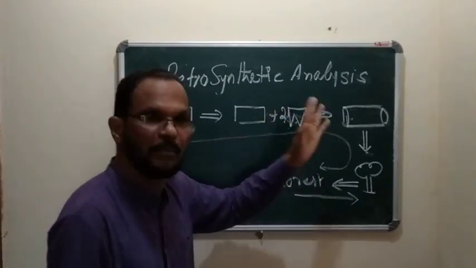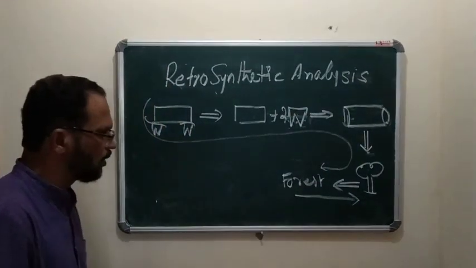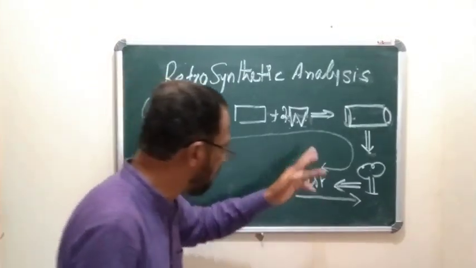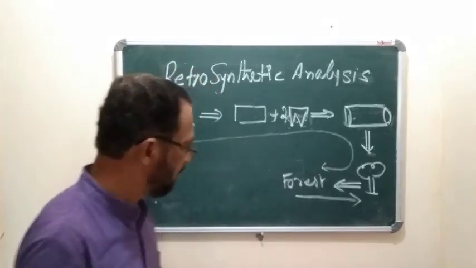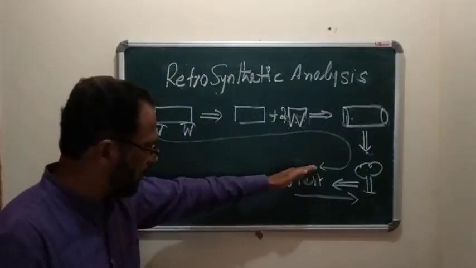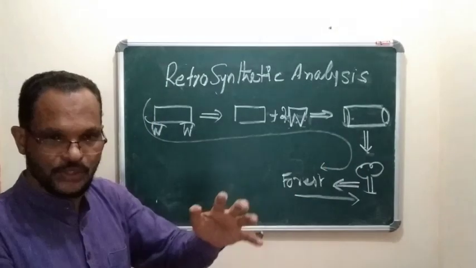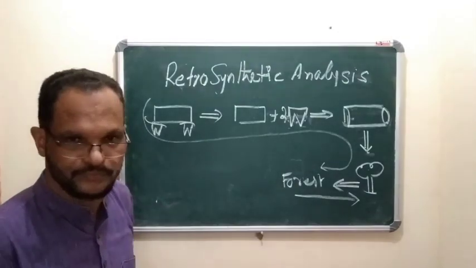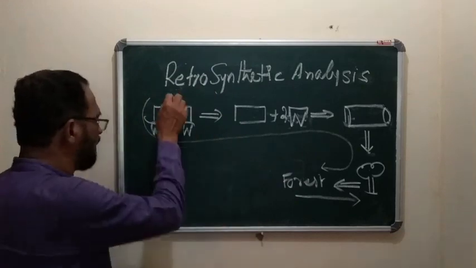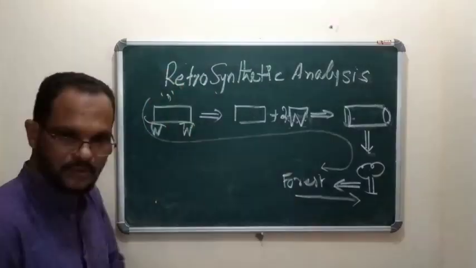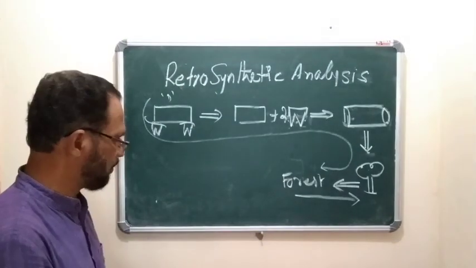Now, what is the relevance of this type of example? Let us connect it with our chemical world. This is our compound D, a chemical compound.